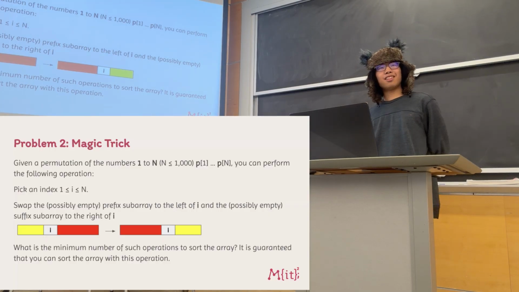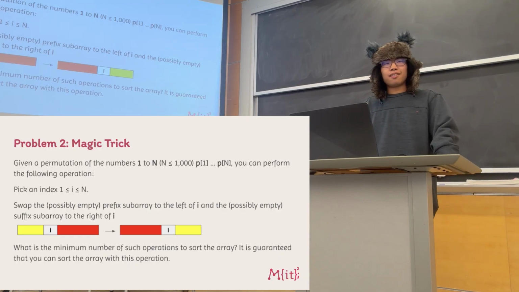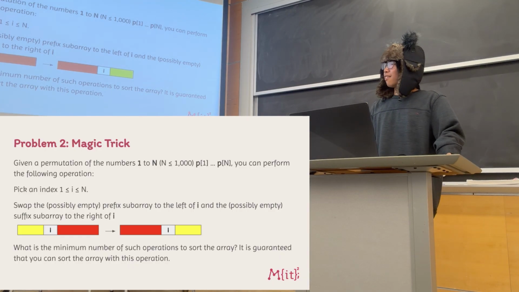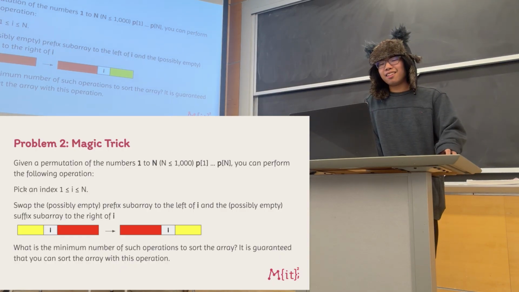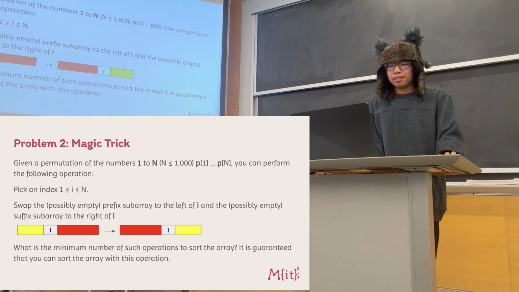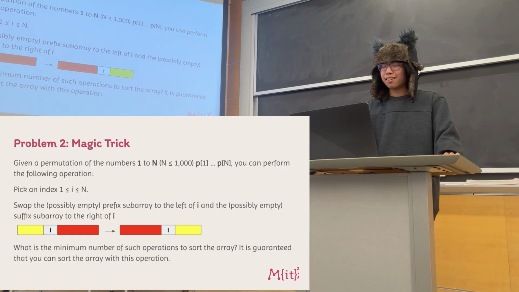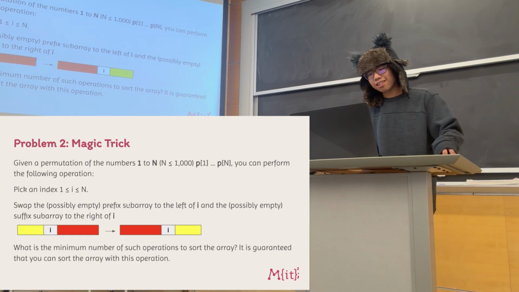It is guaranteed that you could always sort this array with this operation because there is some proof involving the solution. So I'll give you guys a moment to read this problem. Basically here, the yellow subarray on the left and the red subarray on the right are getting swapped with this operation.